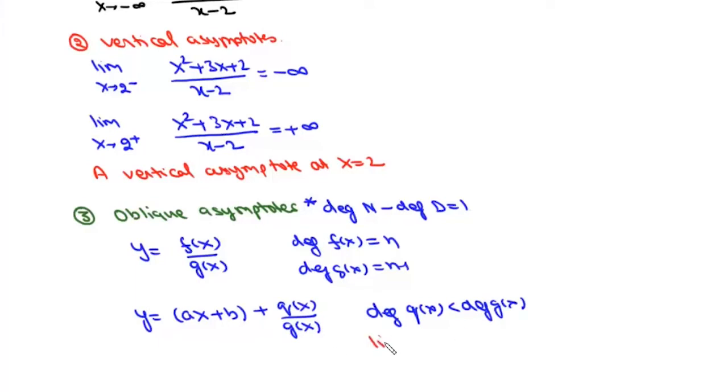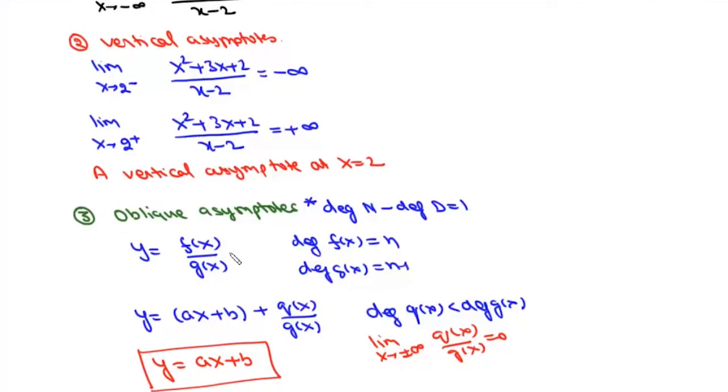Now if we take this limit as x tends to plus infinity or minus infinity, the limit of q(x) upon g(x) will be 0. So this line y equals ax plus b will be an oblique asymptote for this rational function.